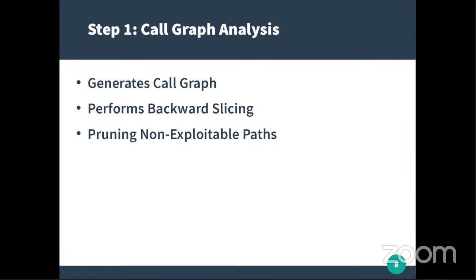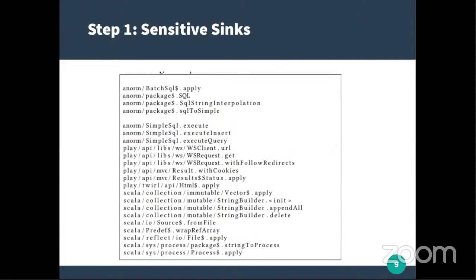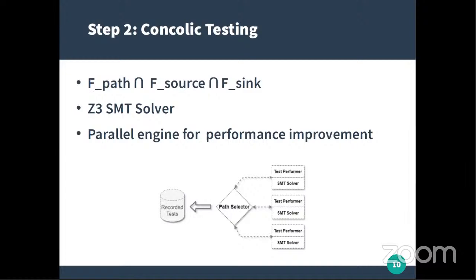So how do we classify a non-exploitable path? Any executable path that doesn't include sensitive sync methods is a non-exploitable path, and it must be removed from further analysis in Kaizen. Here you can see some of the sync methods in the Scala ecosystem that we define for Kaizen.